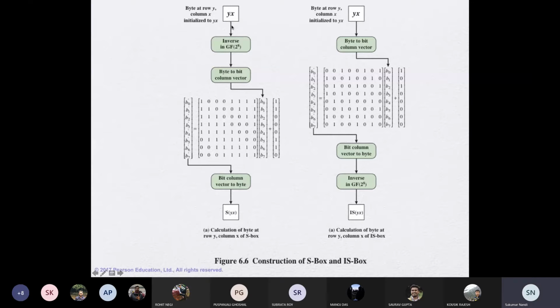So the inverse of 0, 0 obviously will be 0, 0, because 0, 0 is not counted in multiplicative inverse. So this inverse here doesn't take care of 0, 0. Other than 0, 0, it takes care of everything.